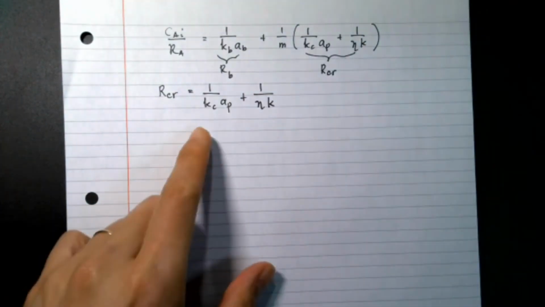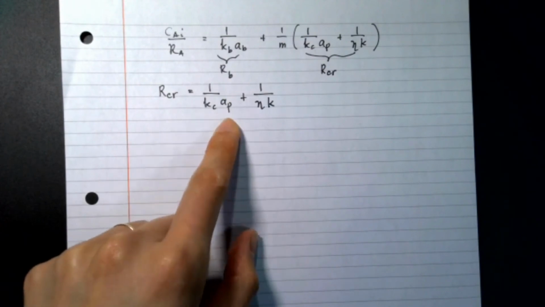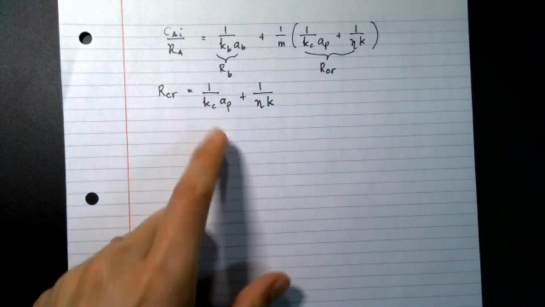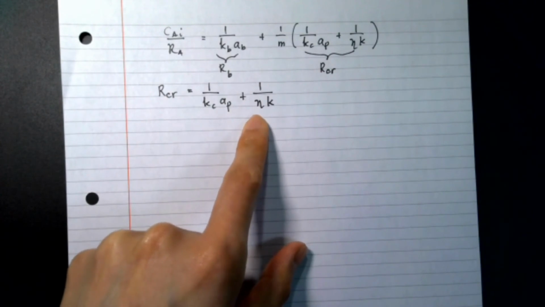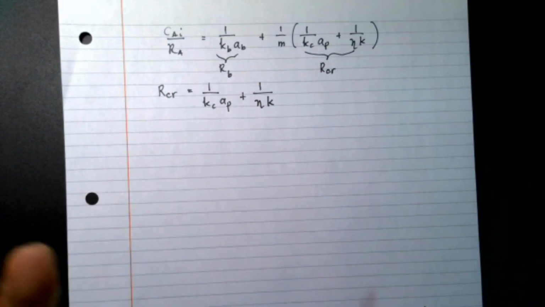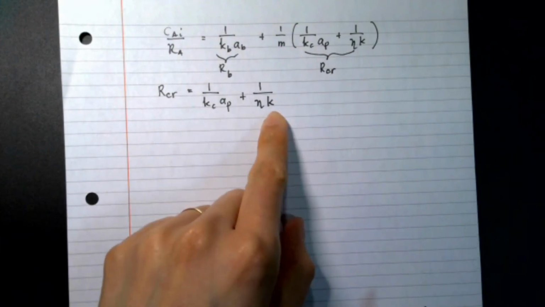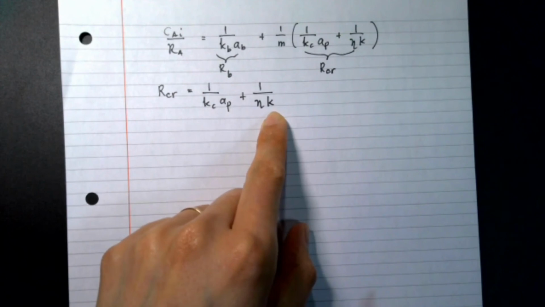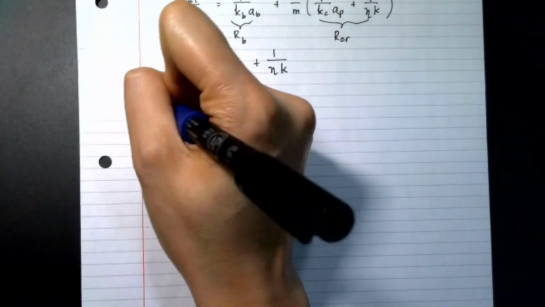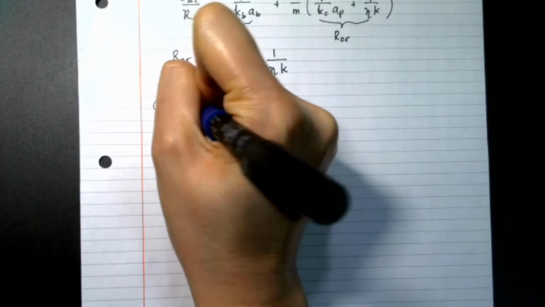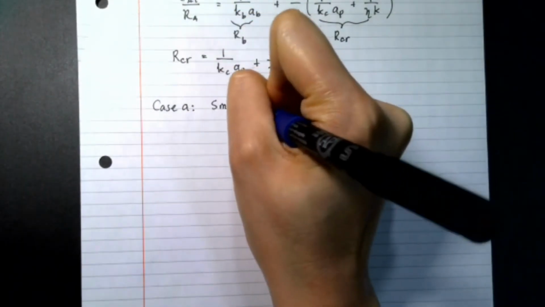Remember that Kc is your external mass transfer coefficient. AP is the external surface area of your pellet. Eta is the effectiveness factor, which takes into account the resistance due to internal diffusion and surface reaction. And K is your reaction rate constant. So let's consider case A, where we have small particles.